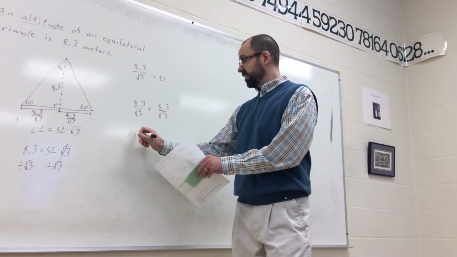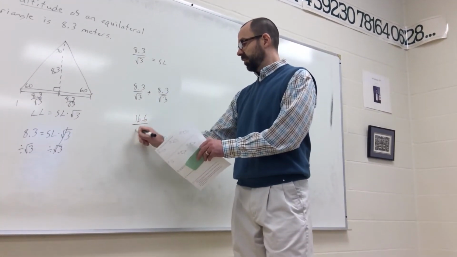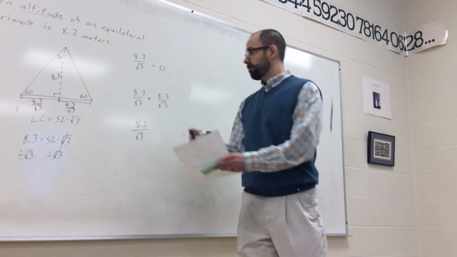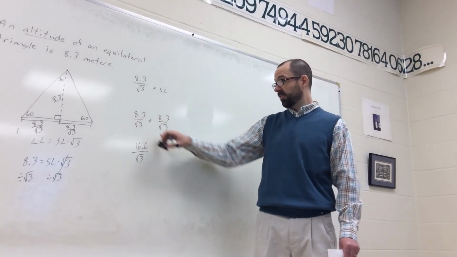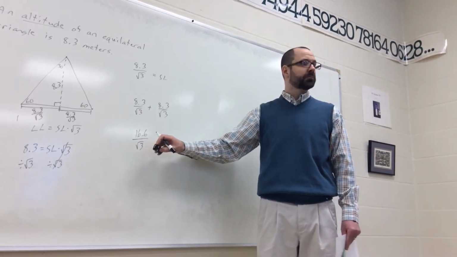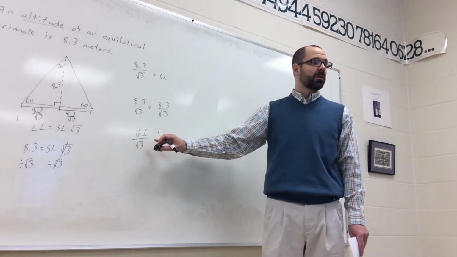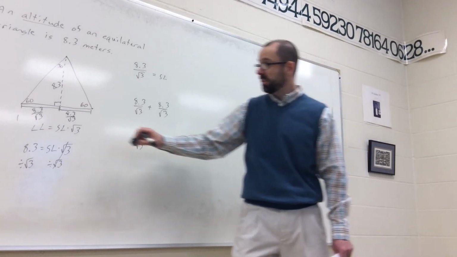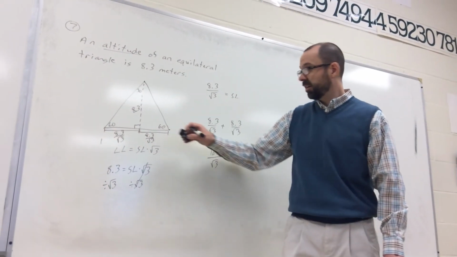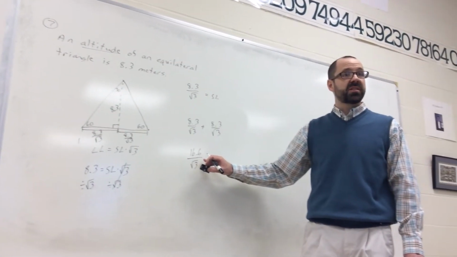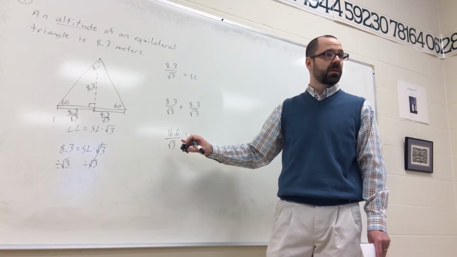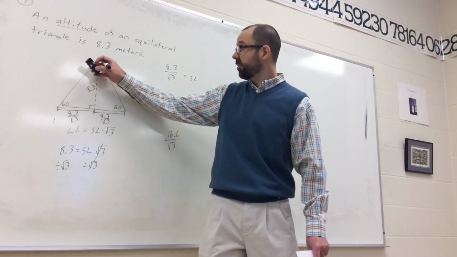So this adds up to 16.6 divided by the square root of 3, because you just add the tops and then you have a common denominator. So that means the distance from there to there is 16.6 divided by root 3. So then how far is it from here to here?